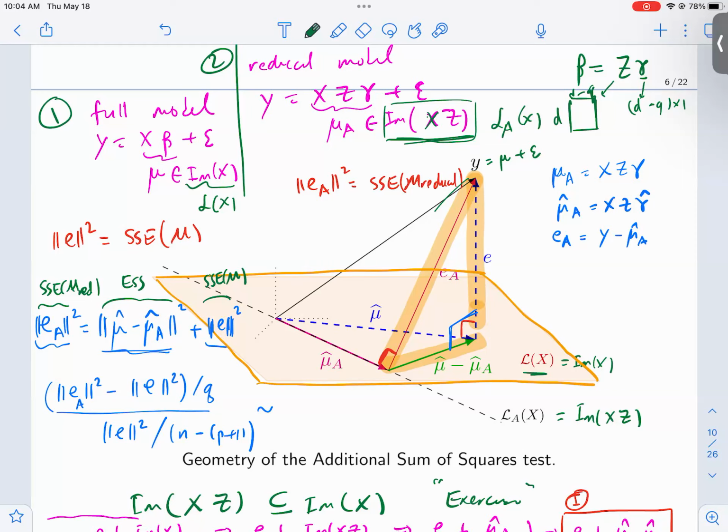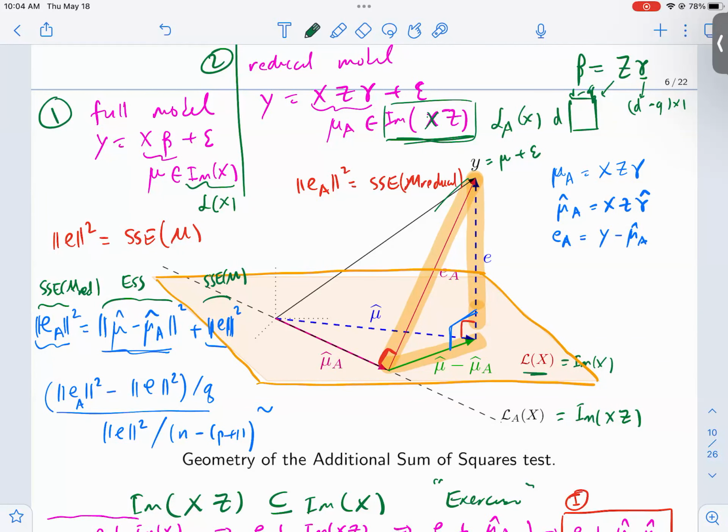What remains is what the full model cannot explain either. So the unexplained variation by the reduced model can be decomposed into a part that is explained by the full model over the reduced model, plus a part that's not even explained by the full model. And how big this part is tells you how good the full model is over the reduced model.